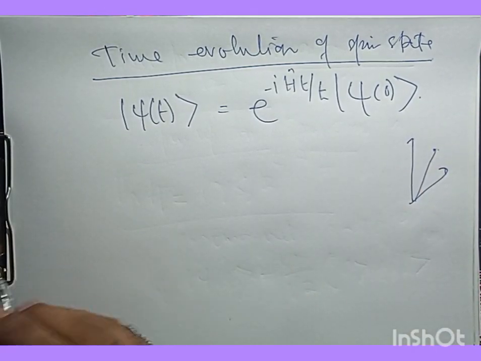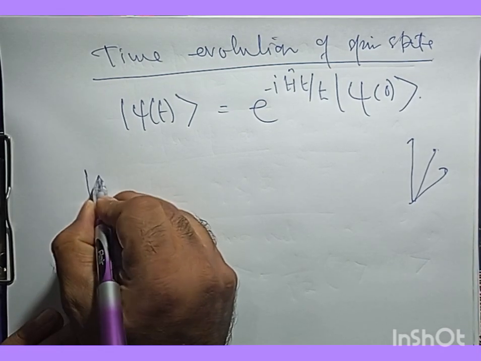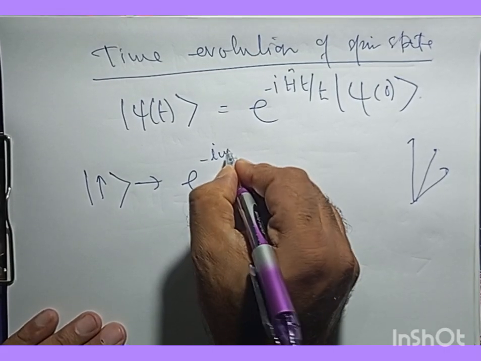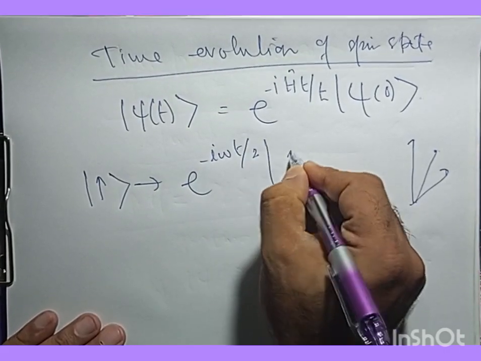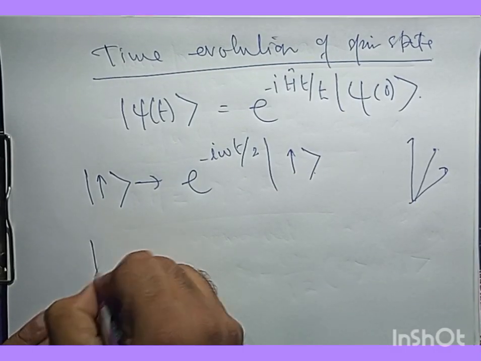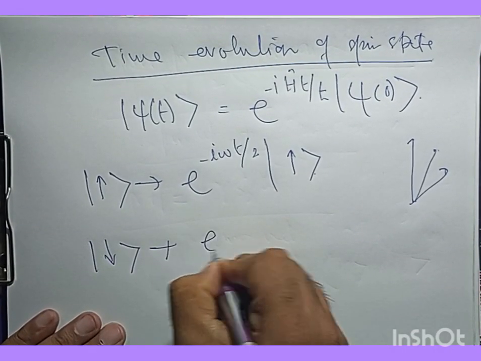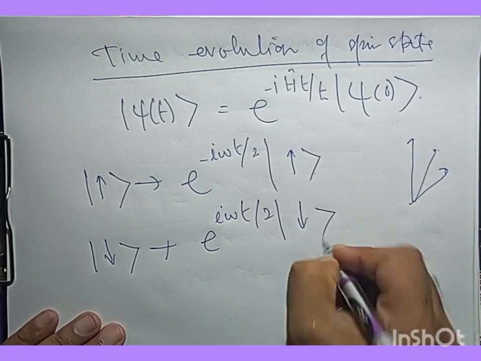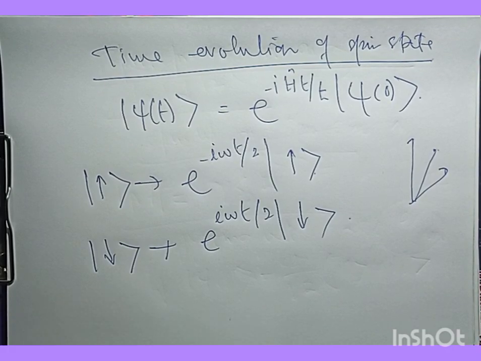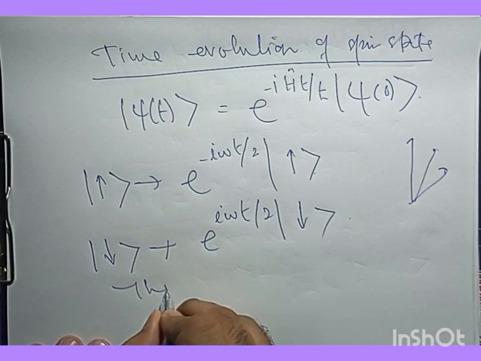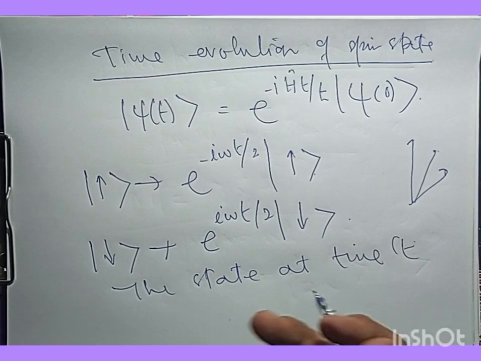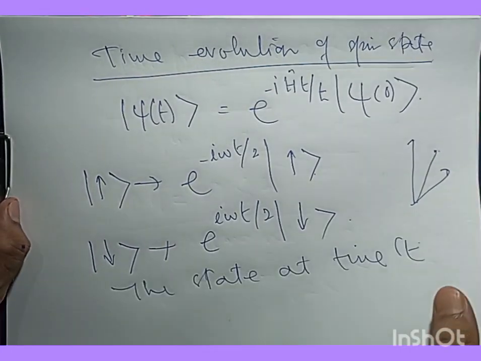The eigenstate of Sz will evolve as follows: if I take the spin up state, it will evolve as e to the power of minus i omega t by 2 spin up, and spin down will evolve as e to the power of i omega t by 2 spin down. Thus the state at time t will certainly be a superposed state.